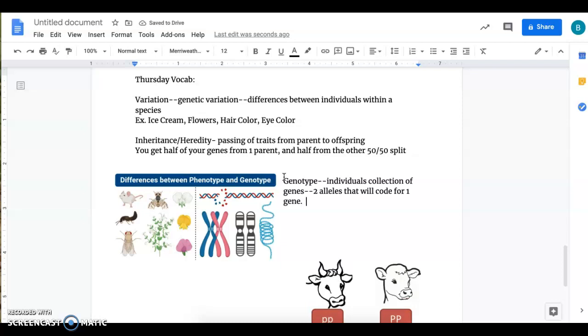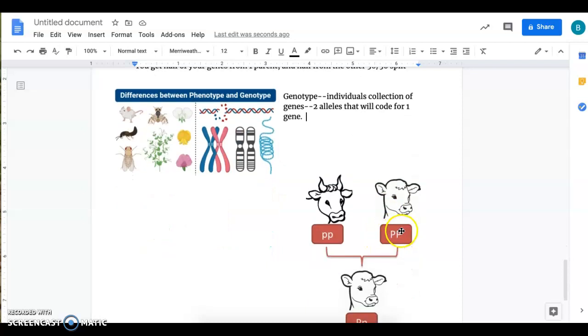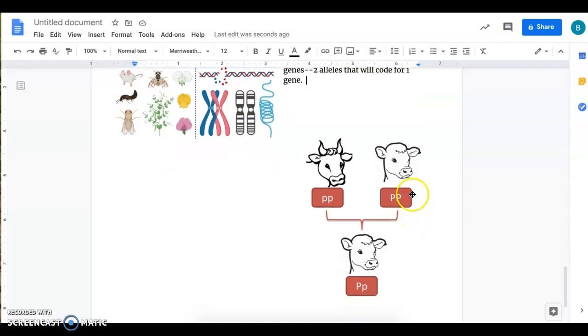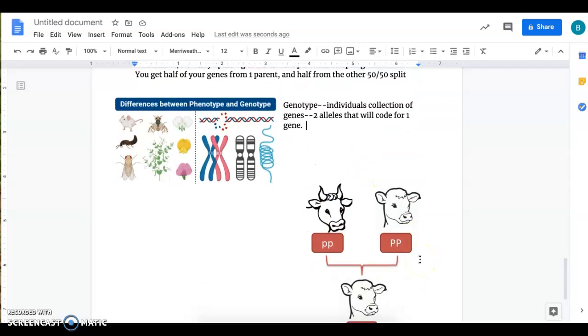Okay, so an example I'm going to show you down here. Genotypes are going to be made up of alleles, which we're really going to talk about on Friday. But alleles are these letter combinations that you see here. So genotype is the actual letters.